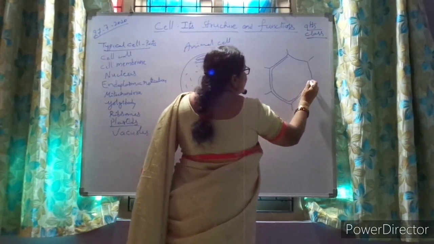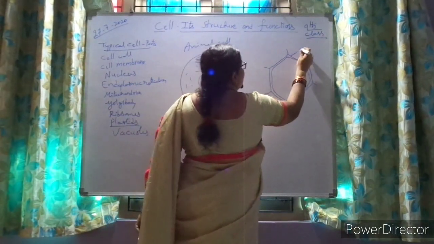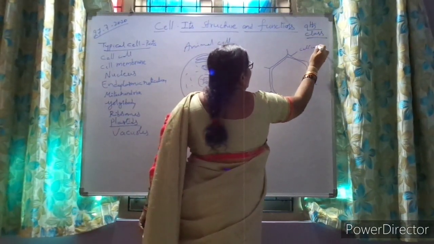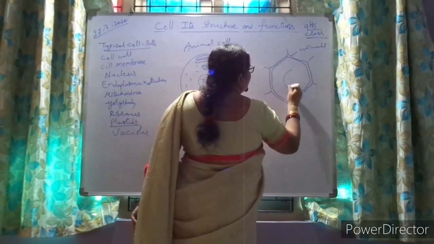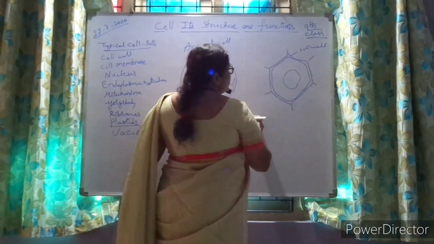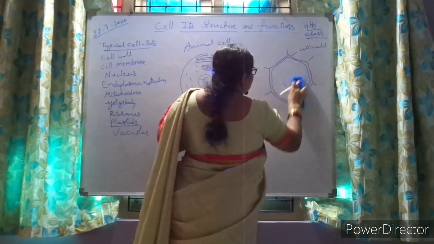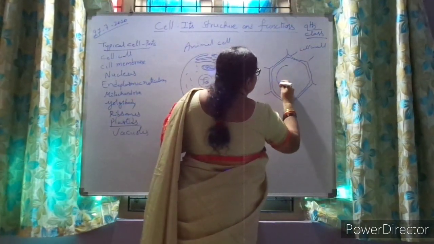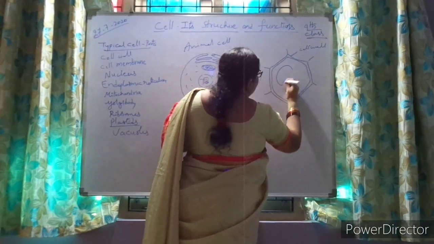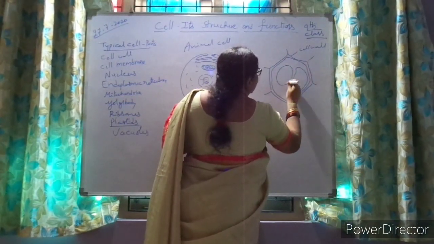Above the cell membrane we can see the cell wall. And here we can observe a large nucleus and vacuoles. Vacuoles are also present here.